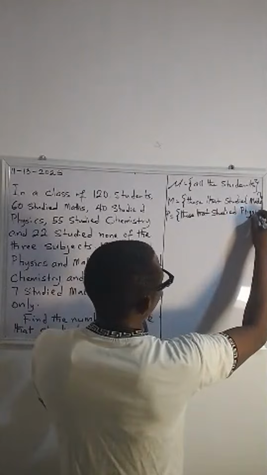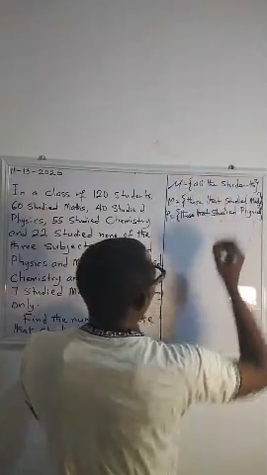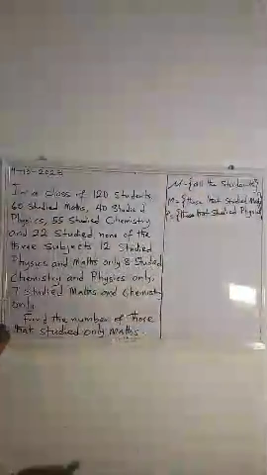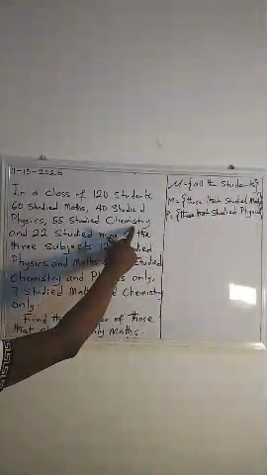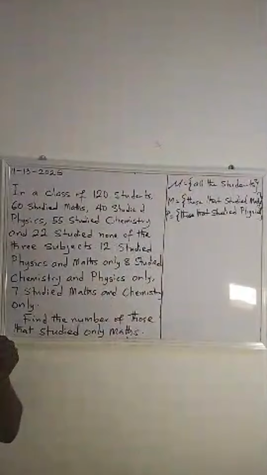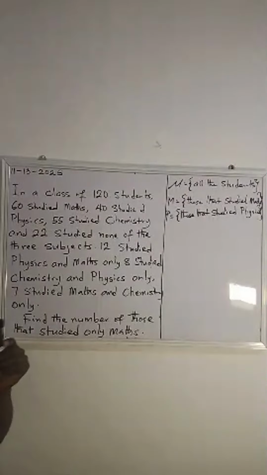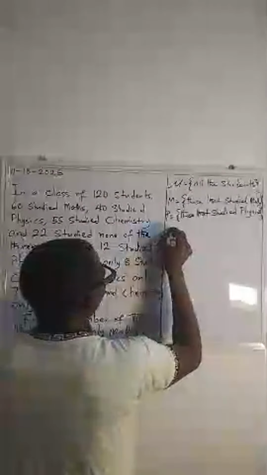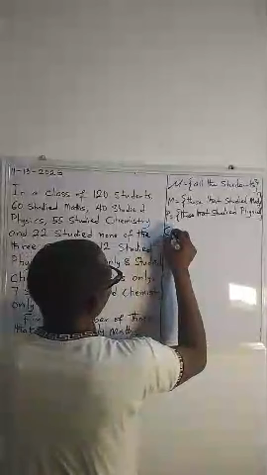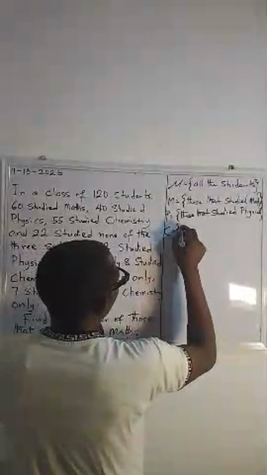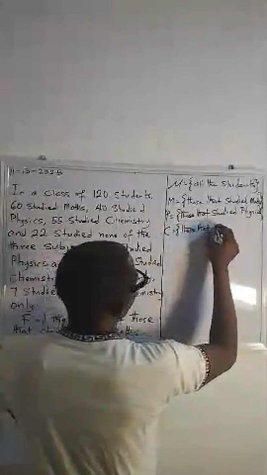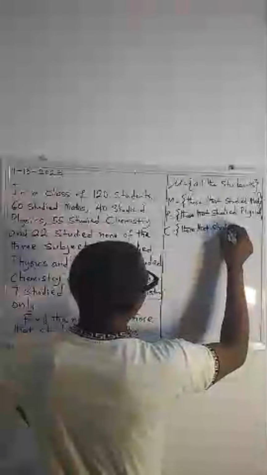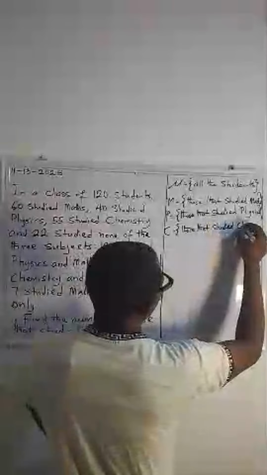Okay. All right. So now we have 55 study chemistry. We have another set of students that study chemistry. So we have to represent that with another alphabet. Let's say C to represent the set of those that studied chemistry.